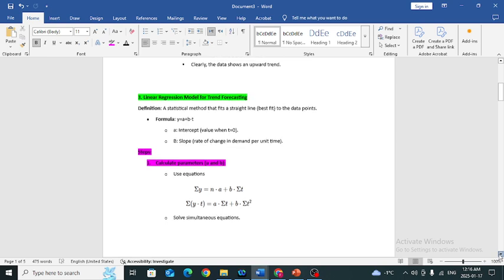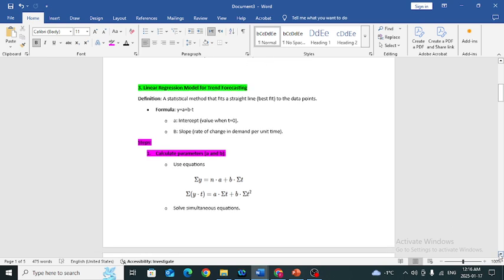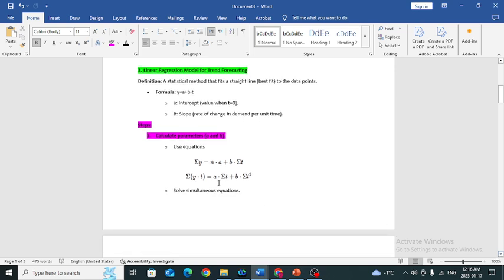The steps of calculating according to the linear regression model: calculate parameters a and b. If you want to calculate a and b according to the linear regression, as I said, the equation of this regression is y equals a plus bt.